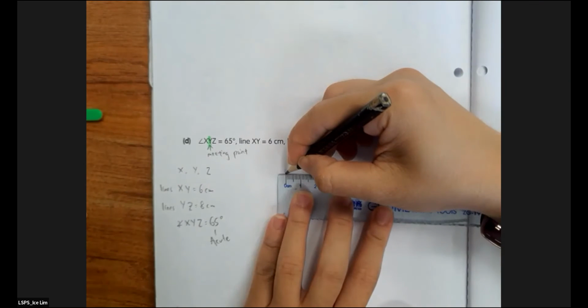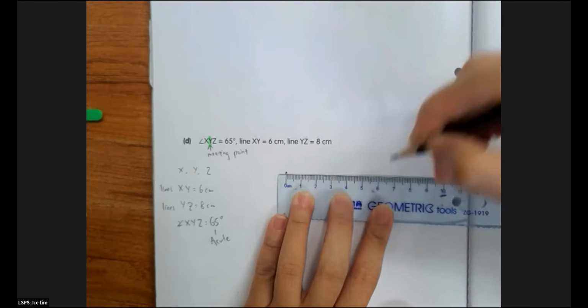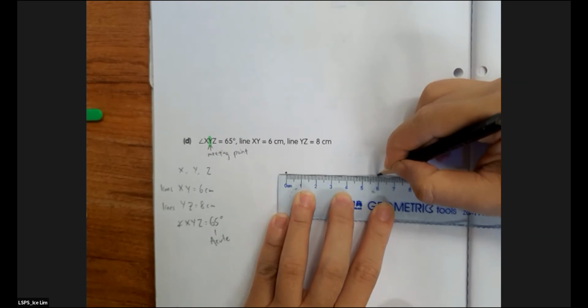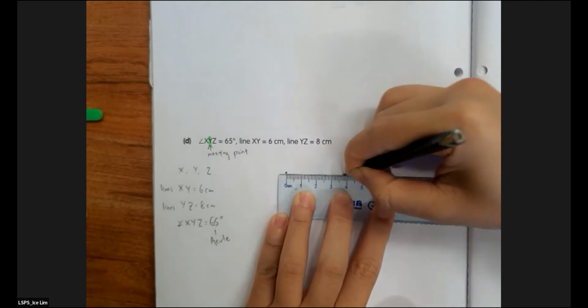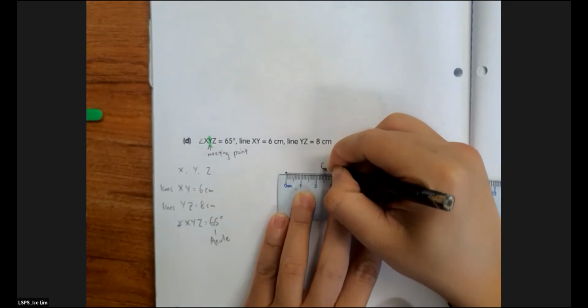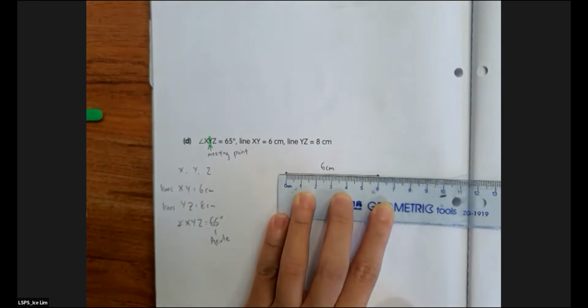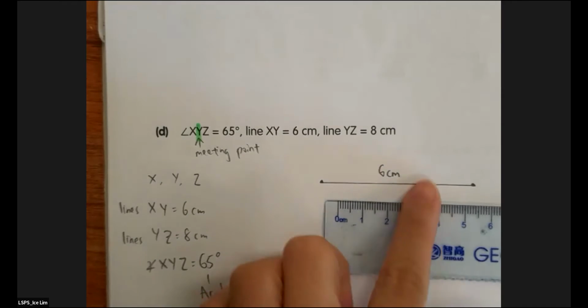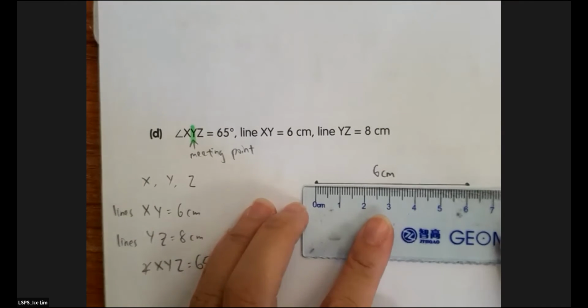Mark out the point for here and mark out the point for 6 centimeter. Remember to write down 6 centimeter as the label. Do you remember the labels? Do you write down 6 centimeter? Okay, check. I'll make sure it's 6 centimeter.